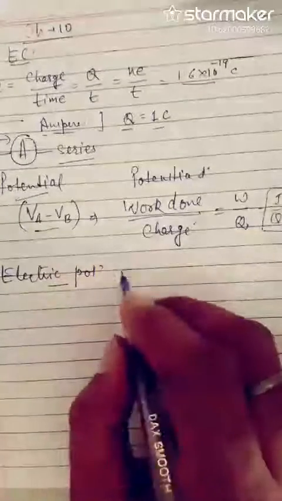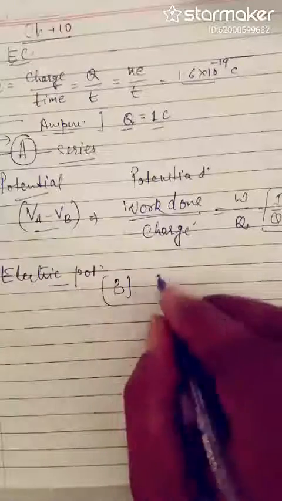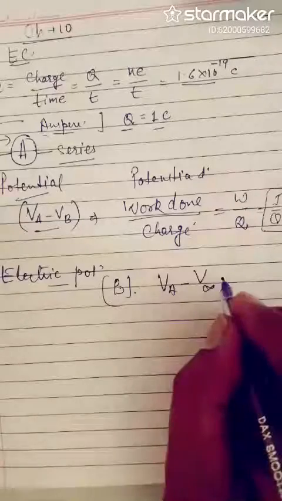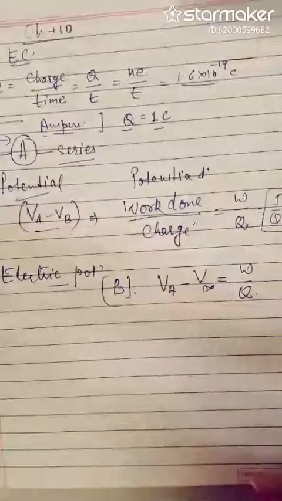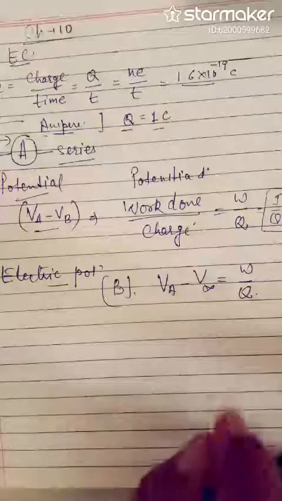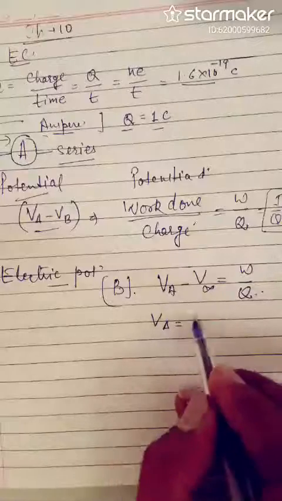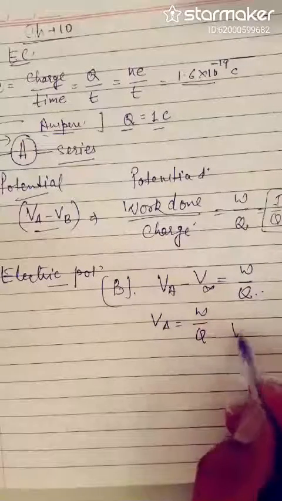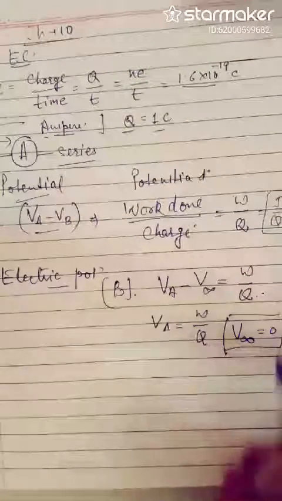So if B is placed at infinity, we can say VA minus VB equals W upon Q. The electric potential at infinity is considered to be zero. Then VA equals W upon Q, and finally V infinity equals zero.